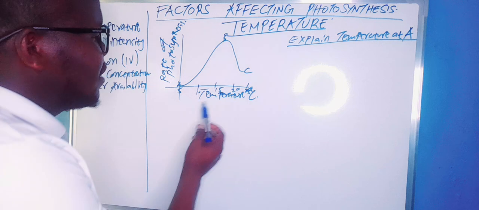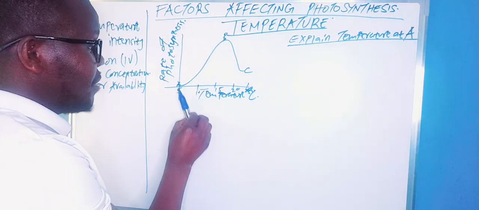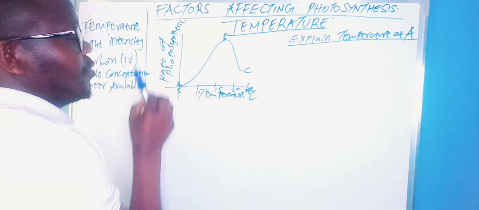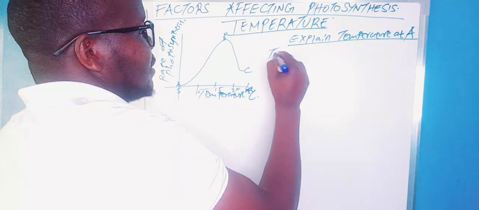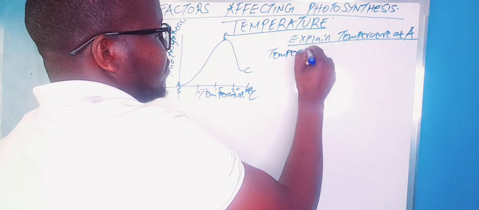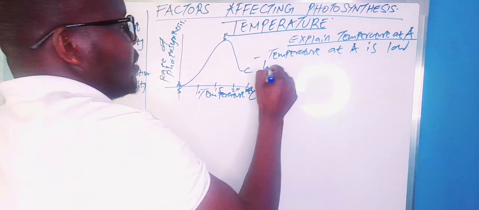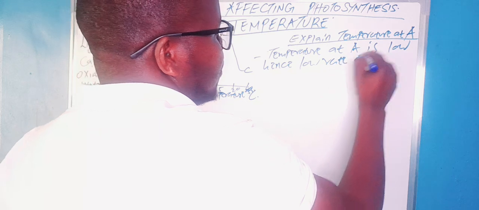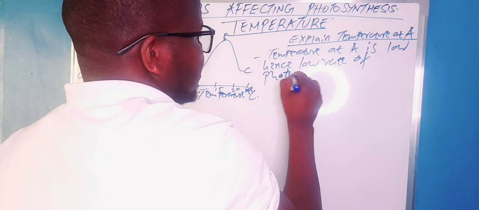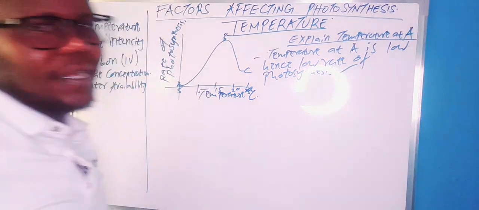The first thing, which is the first mark you will score, is to speak about the temperature and then relate it to the rate of photosynthesis. Temperature at A is low, hence low rate of photosynthesis. You get your first mark.